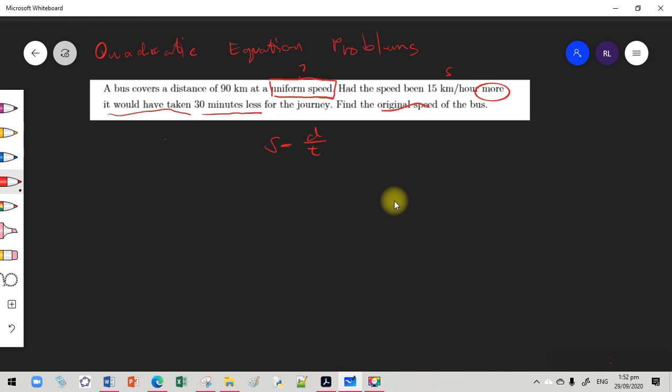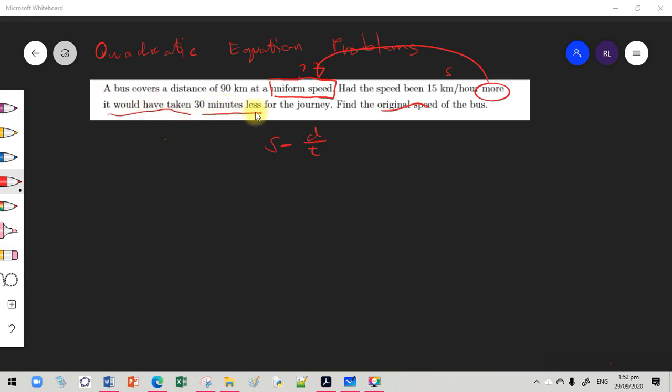So if the speed of that bus is 15 kilometers per hour more than the original speed, the entire journey would take 30 minutes less. So what we're going to do here is form an equation.